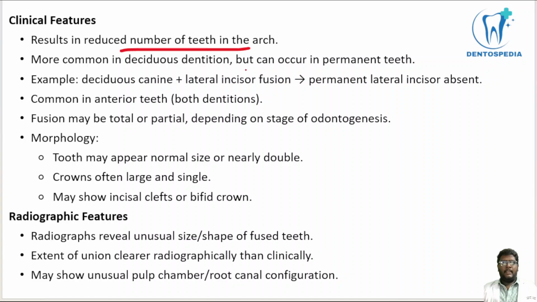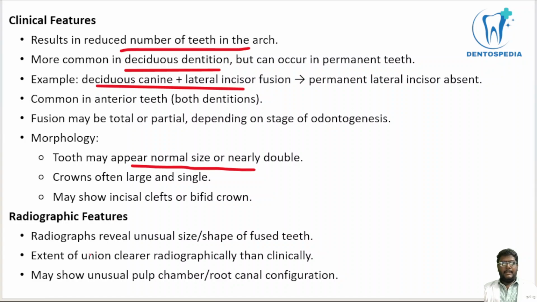Okay, and most commonly affected is the deciduous dentition. Okay, and most commonly, certain teeth are affected, right? For example, canine and lateral incisor fuse together to form a certain kind of structure. And coming to the morphology, teeth may appear normal in size, but sometimes you can see an enlarged tooth structure.